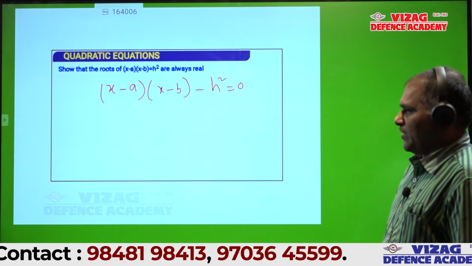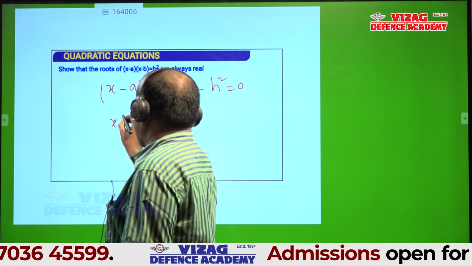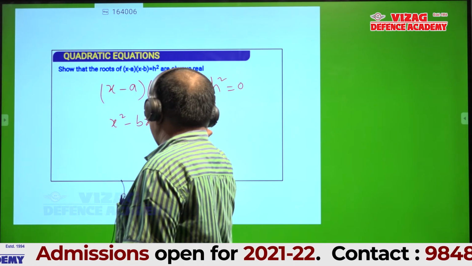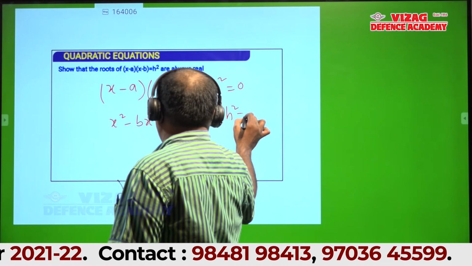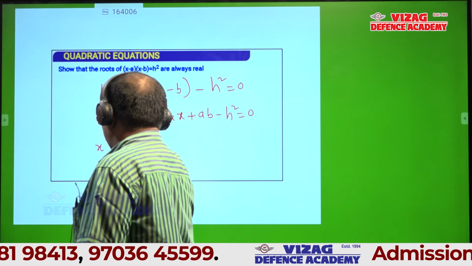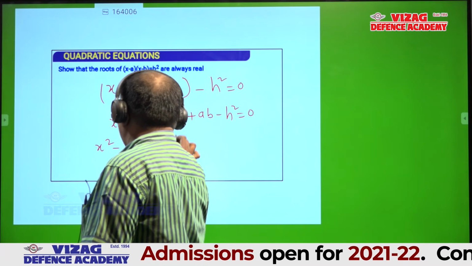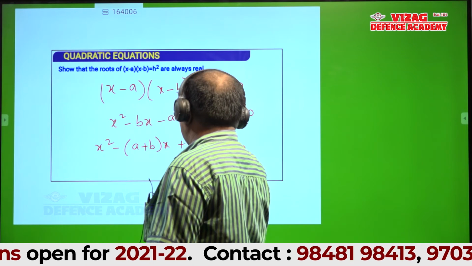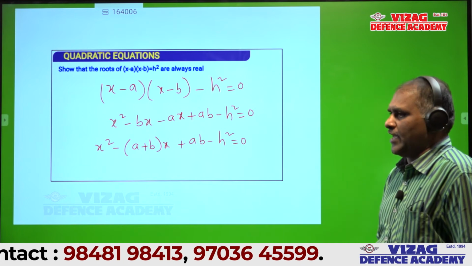Therefore, observe: x square minus bx minus ax plus ab minus h square is equal to 0. The equation is x square minus (a plus b) into x plus ab minus h square is equal to 0.